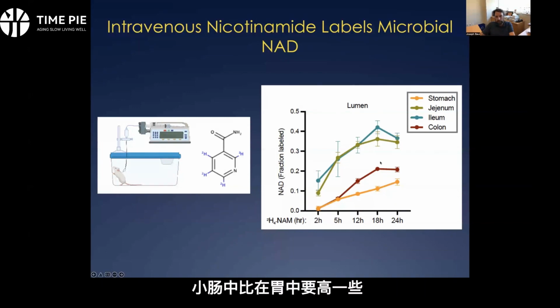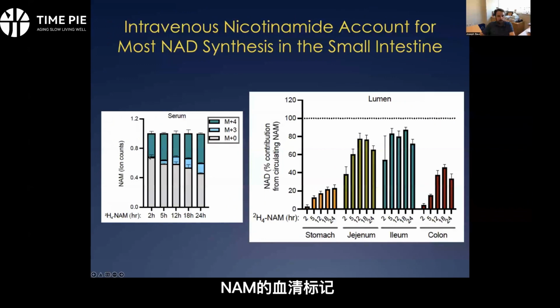In the small intestine, it's a little bit higher than in the colon or in the stomach, but in all cases, pretty significant. And if we take into account the serum labeling of nicotinamide shown here on the left, which is about 40% on average or so, reaching about 50% by the end of the experiment, we can calculate that about 80% of the NAD present in microbes in the lumen of the small intestine actually originated as nicotinamide in the host circulation.